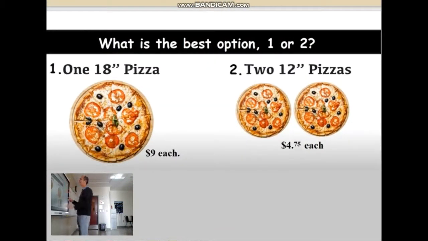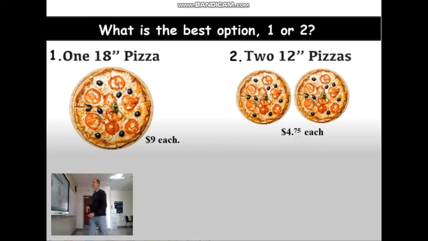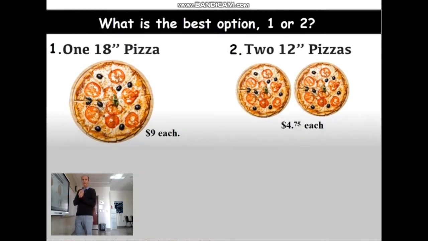And now let's check out our puzzle. What do you think? Option number 1 or option number 2? Well, to solve this puzzle, you need to remember the formula for the area of a circle. The area of a circle is pi times r squared, right?